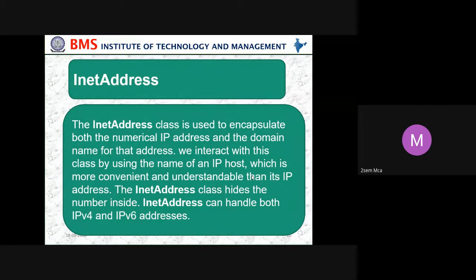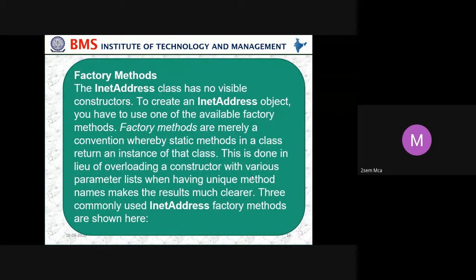So we interact with this class by using the name of the IP host, which is more convenient and understandable than its IP address. The InetAddress class hides the number inside. It can handle both IPv6 and IPv4 addresses.